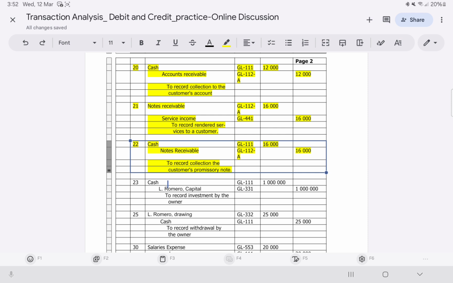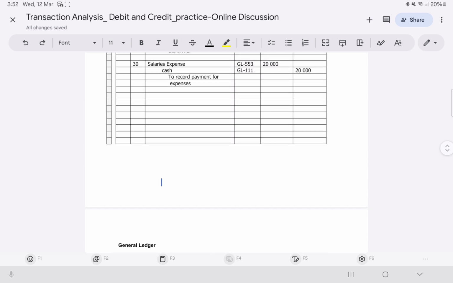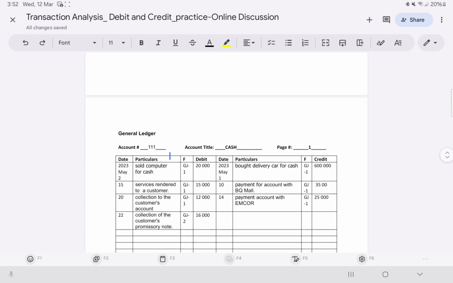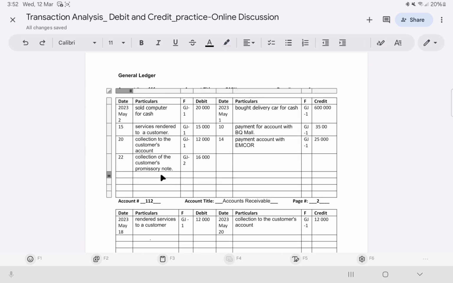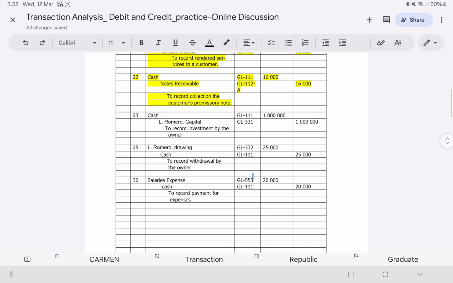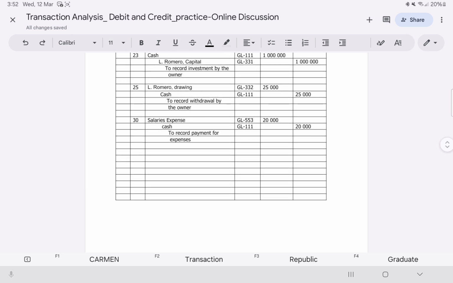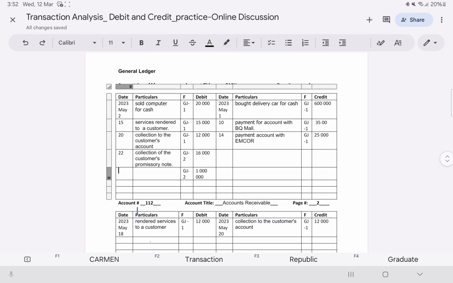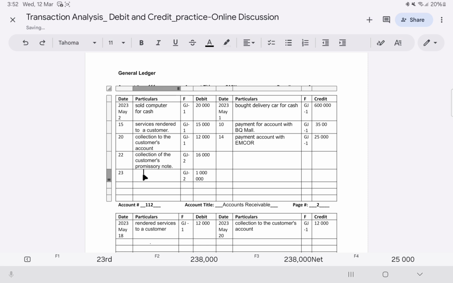So debit cash 1 million. Debit cash, JG2, 1 million. Okay, so what transaction is this? May 23, investment by the owner.